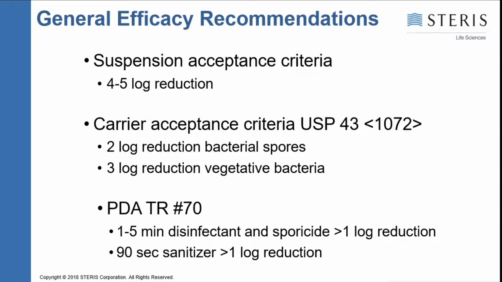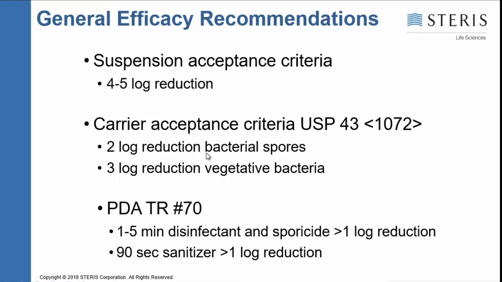So some general efficacy recommendations: when it comes to suspension studies, those are the time kill studies that involve serial dilutions, you should be able to obtain a 4 to 5 log reduction. When we talk about carrier or coupon testing, like the EN 13697 or the ASTM E2197 methods, you should be able to get a 2 log reduction for bacterial and fungal spores and a 3 log reduction for vegetative non-spore forming bacteria.